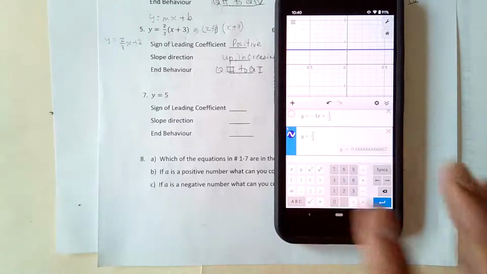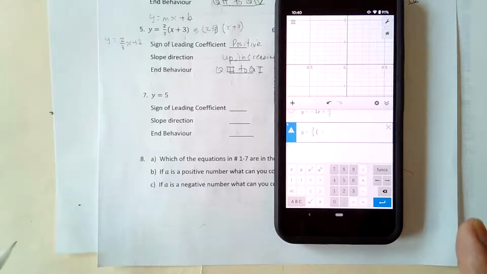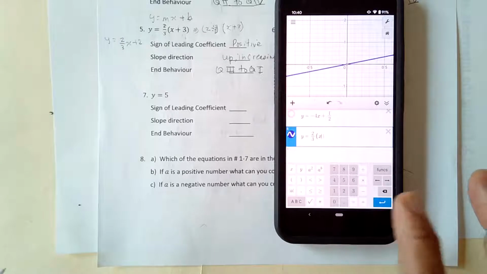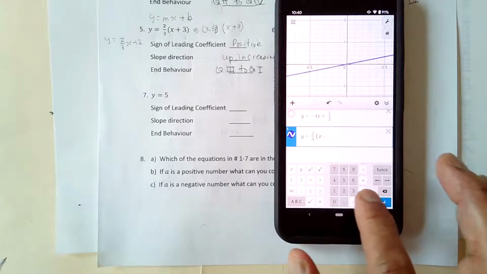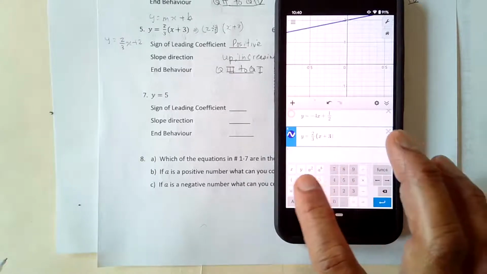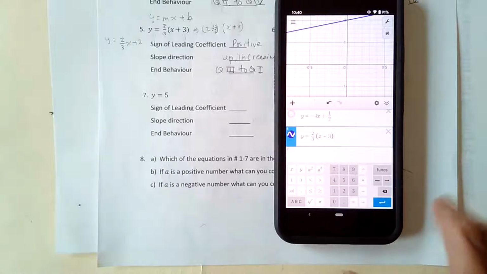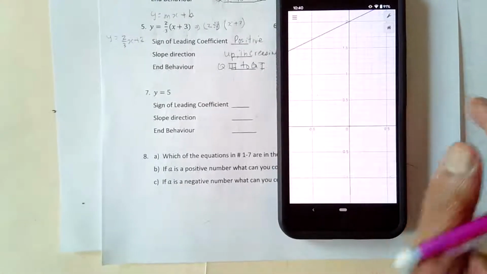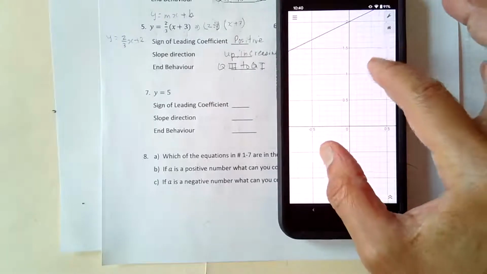Then I'll put my bracket: x plus 3, and close bracket. And there's your graph.